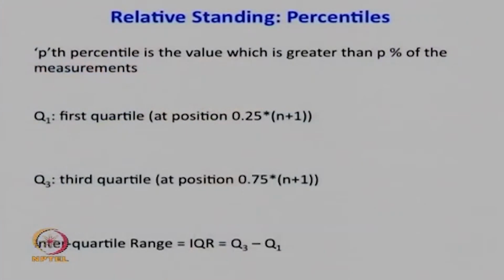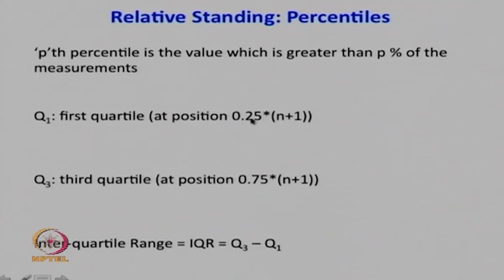Another important metric which is widely used is the concept of relative standing, or percentiles. The definition of a percentile is as follows: a pth percentile is the value which is greater than p% of the measurements. Based on that, you can have the first quartile, which is at position 25%.